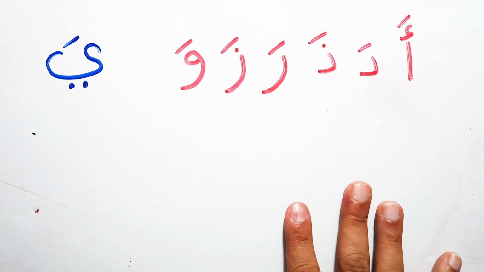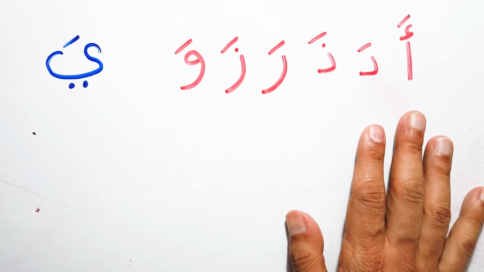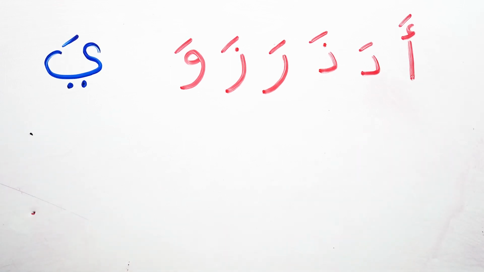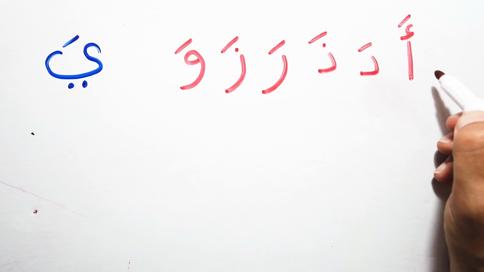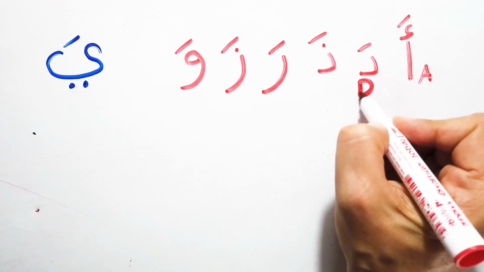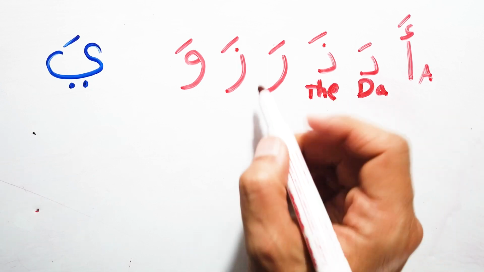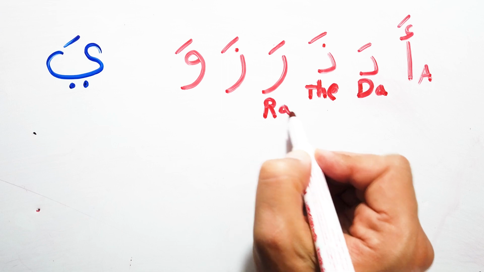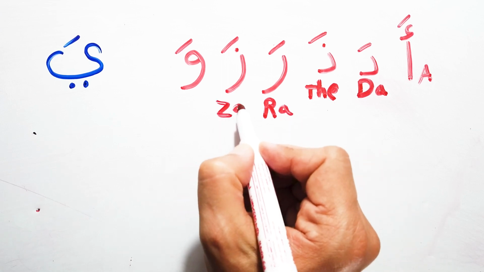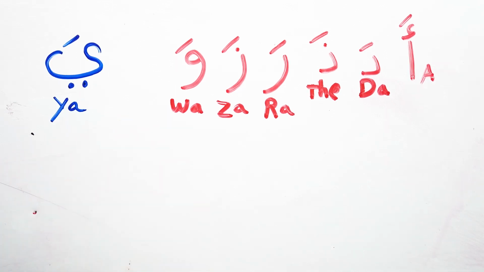Let's write some words. Let's play some games. If I say a, da, ra, let's write here the sounds of each one for you to remember. A, da, tha, ra, za, wa, ya.